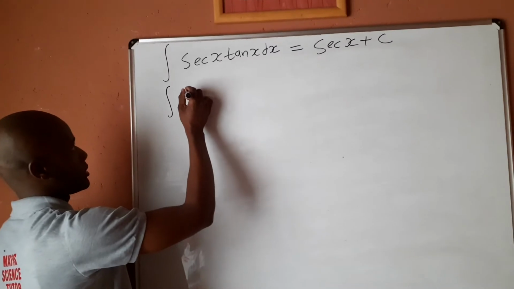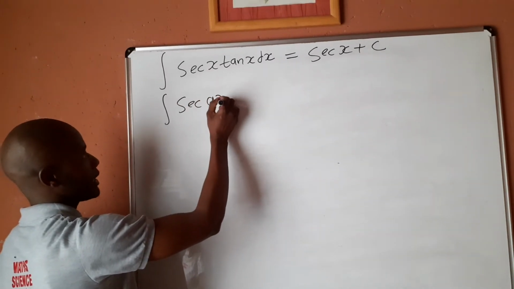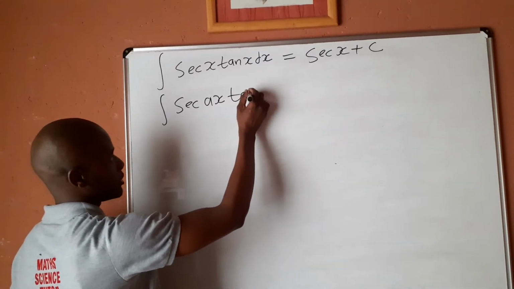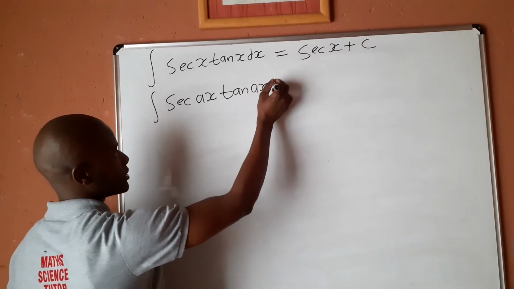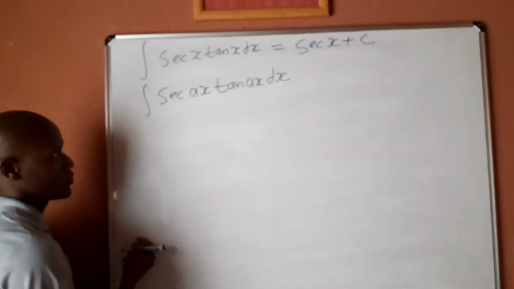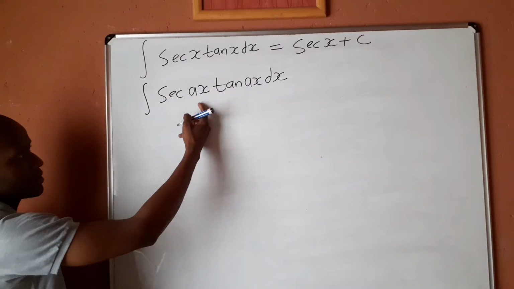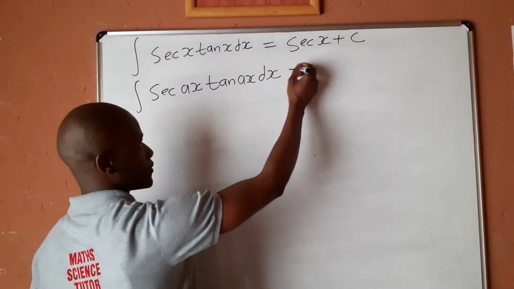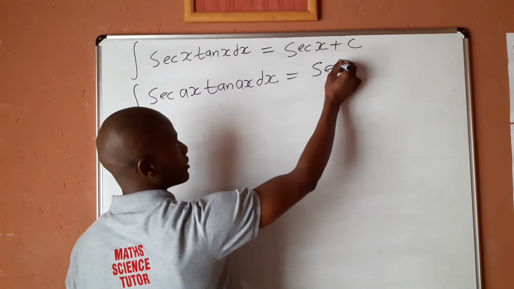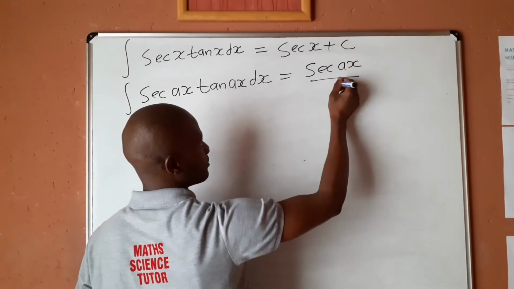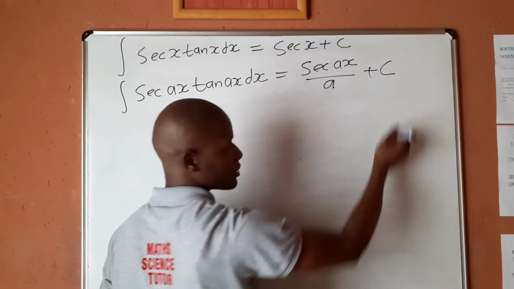Integrate sec ax tan ax dx. When we integrate sec ax tan ax dx, it is going to be sec ax divided by a plus c.